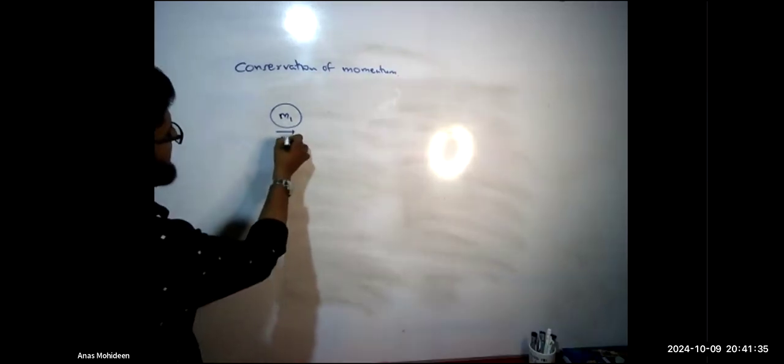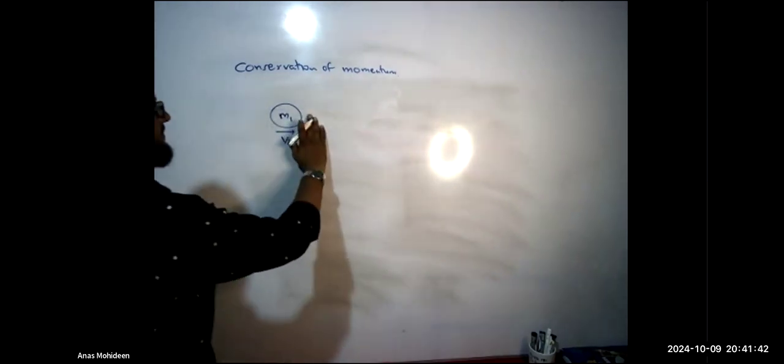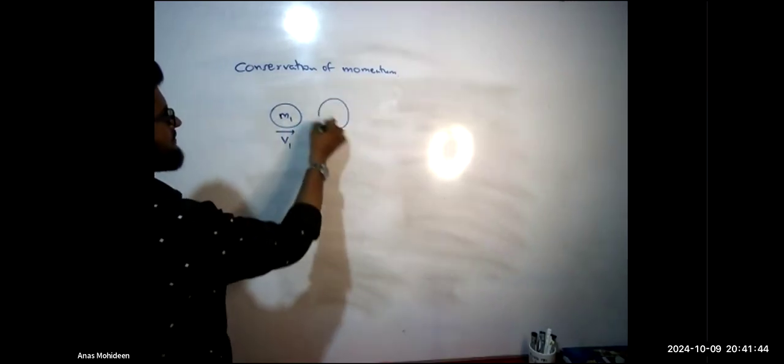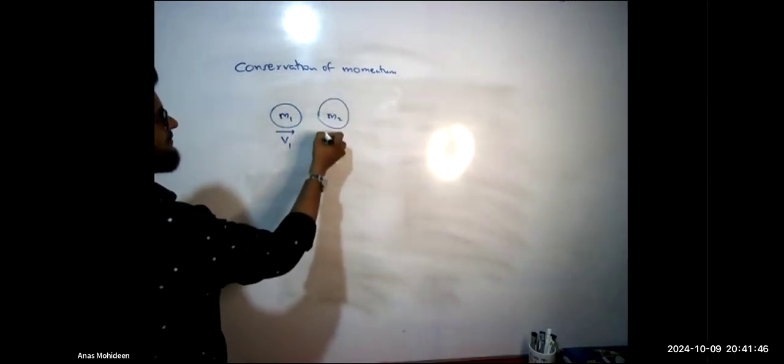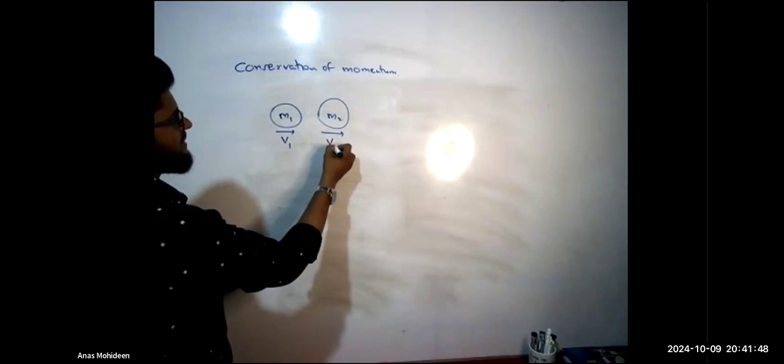And it's having a velocity V1. Another object is there, M2, also having the velocity V2.